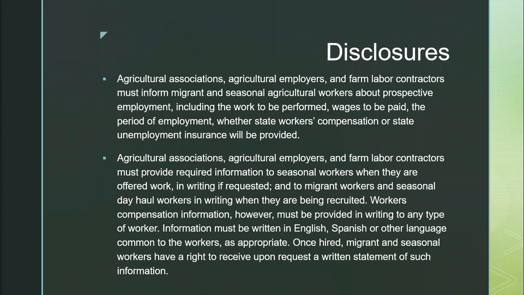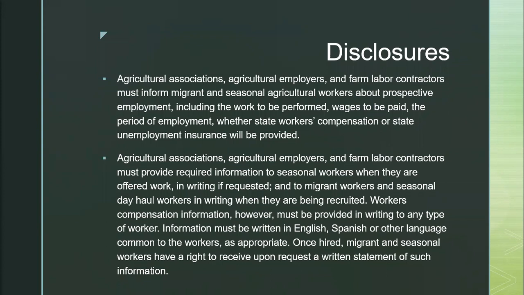So on this disclosure, you're talking about the type of work that's being performed, the wages that are expected to be paid, the period of employment. So you're going to employ this person, for example, March through September of 2021. You need to have that disclosed to that employee in writing.